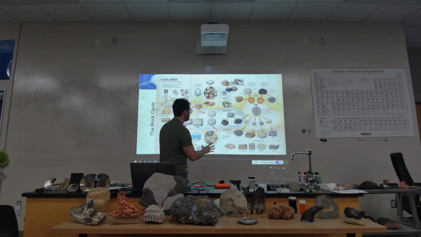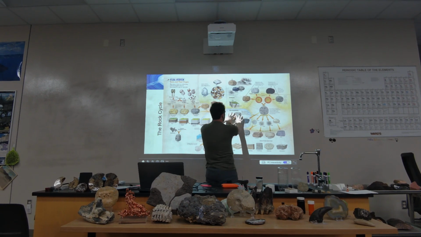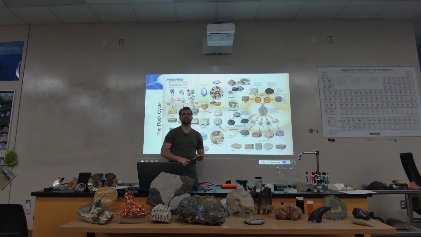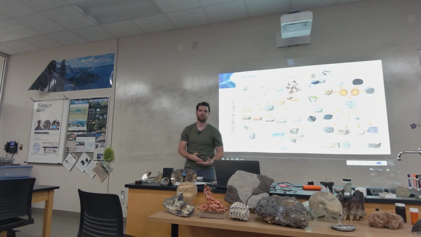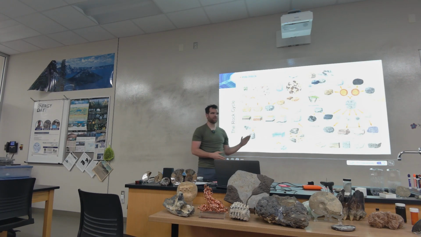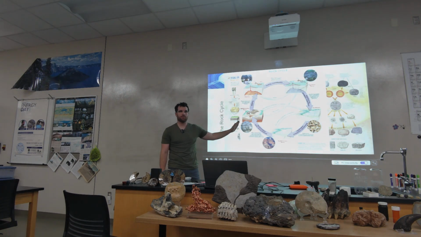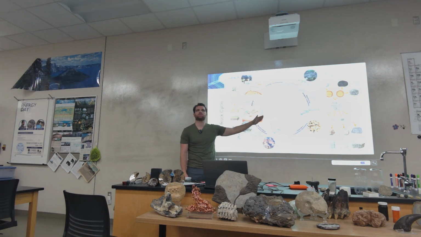So if there's any particular thing, what about metamorphic rocks? Okay, here are metamorphic rocks. How do we get there? Well, we can come here from there. We can get there here. It's kind of tying the idea of all of the different interactions of the rock cycle we discussed in 1403 together in one image here. Okay, so you may find that useful. We built off of this. Okay, this is telling you the exact same thing, just in a different format.